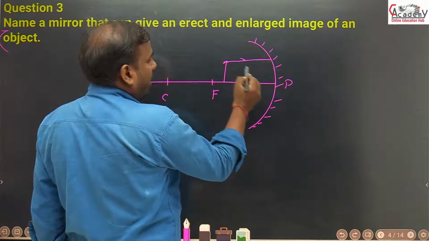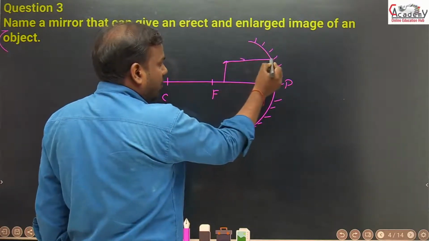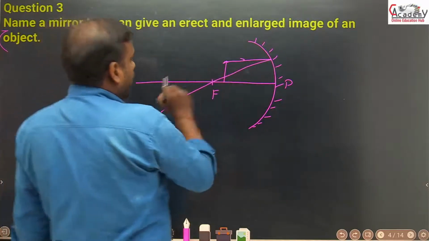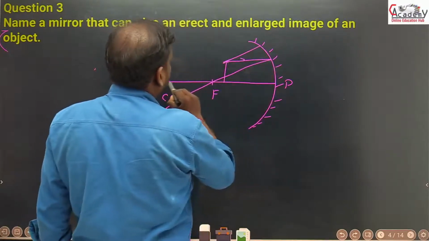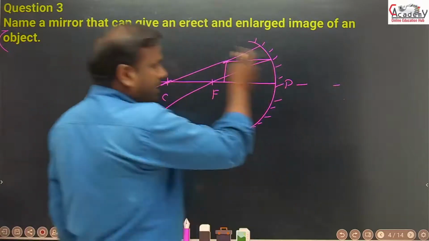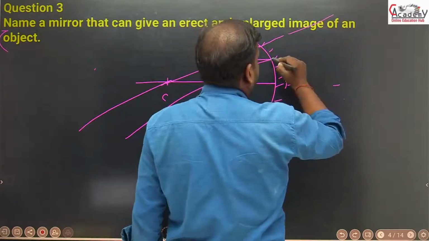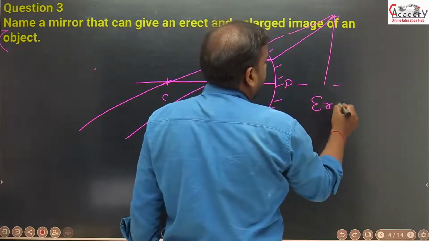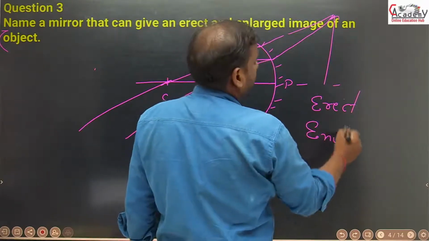When light is incident parallel to the principal axis, after reflection it goes through the focus, and the second light appears here, we get dots here, but they do not really meet. When we extend this light behind the mirror, then we get an erect and enlarged image.